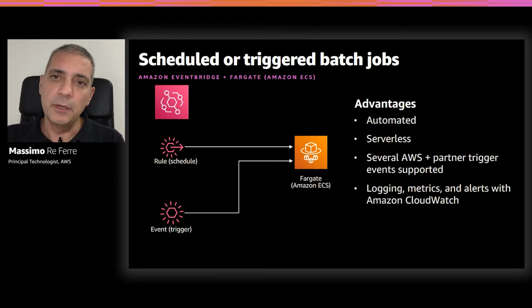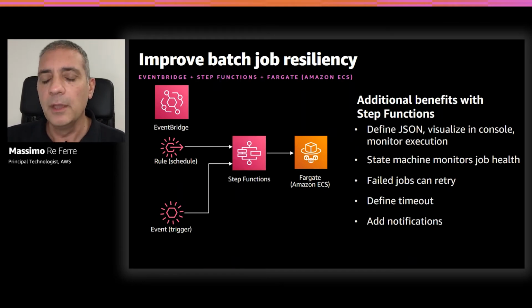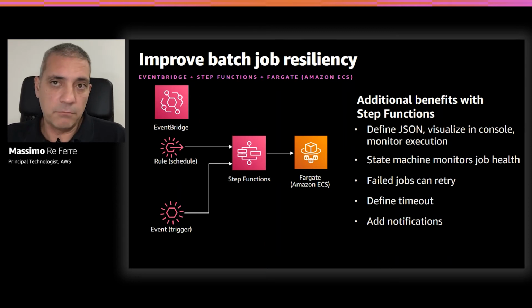So this is when customers that have some of these more sophisticated requirements tend to decouple EventBridge and Amazon ECS with AWS Fargate with Step Functions. Step Functions is an AWS service that allows you to decouple these two entities, the event generation from where the event is running, so that you can create a little bit more logic.